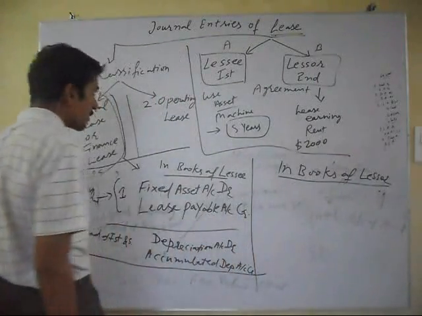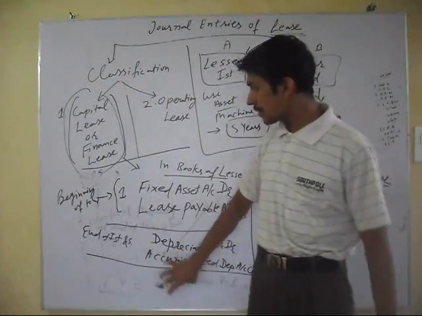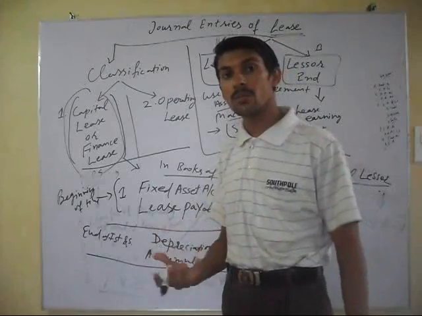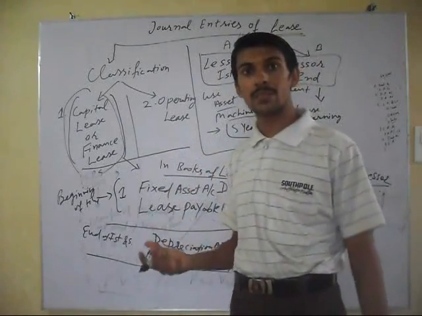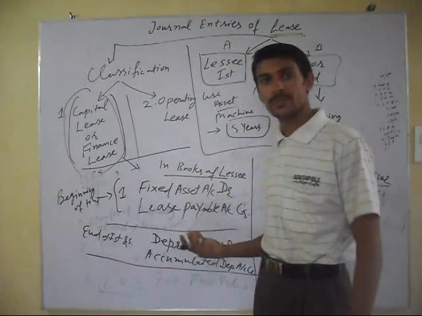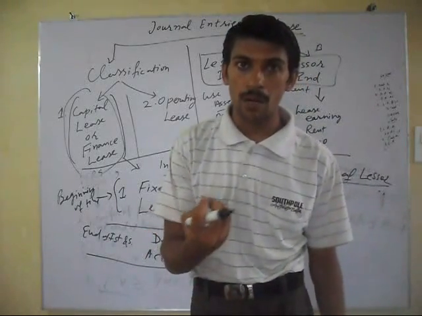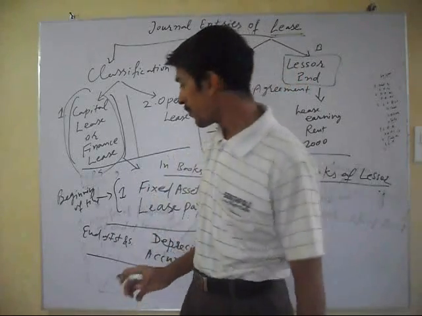And then in the capital lease, we will pass the entry for payment of lease obligation in the first year and interest. Lease obligation may be the principal amount plus interest.